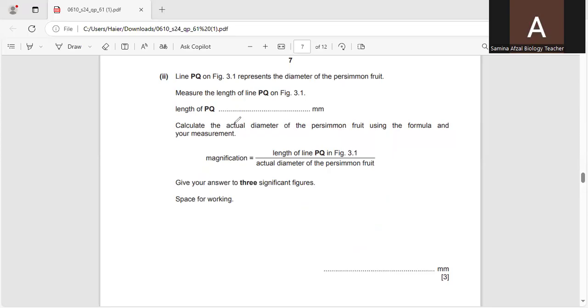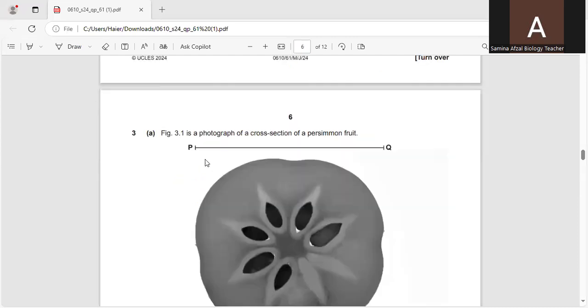I have measured this line, let me show that line to you. So this is the PQ line. It is about 10.4 centimeters.